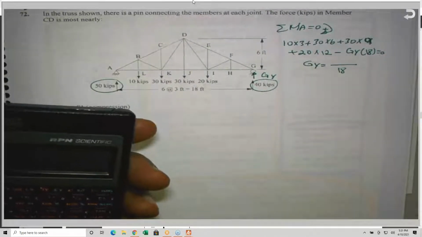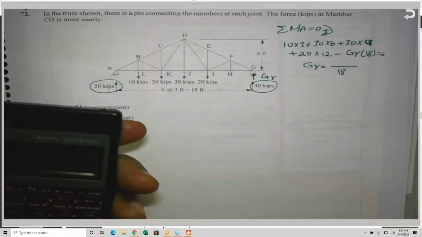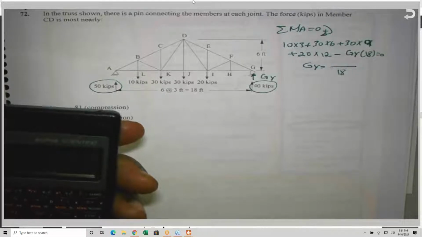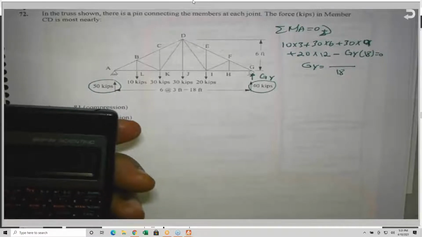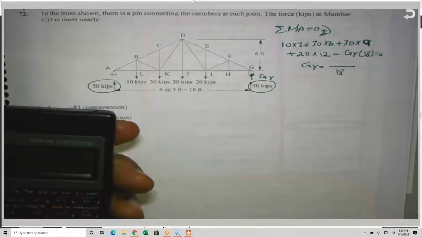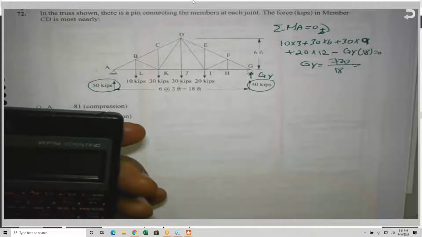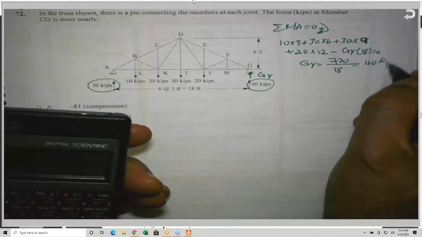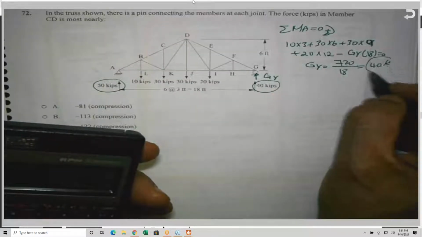So it is 30 enter, and 30 enter 6 times plus, and 30 enter 9 times plus, and 20 enter 12 times plus, and 18 divided, so it is 720 divided by 18. I got 40 kips, exactly as he got. This is how we find the reactions.